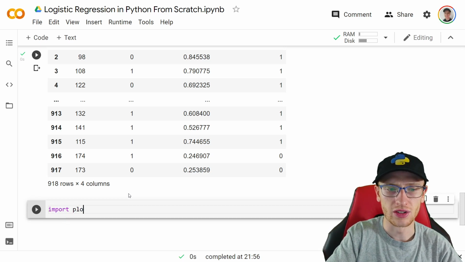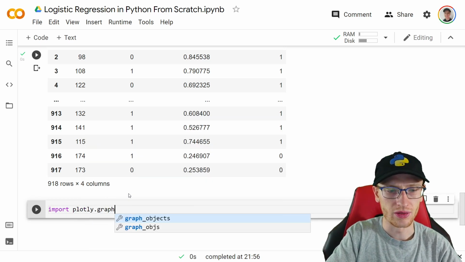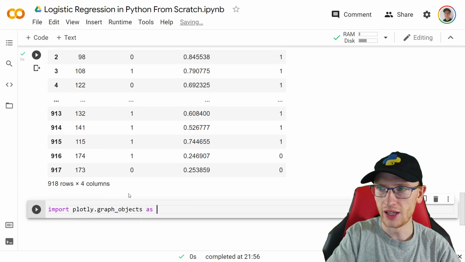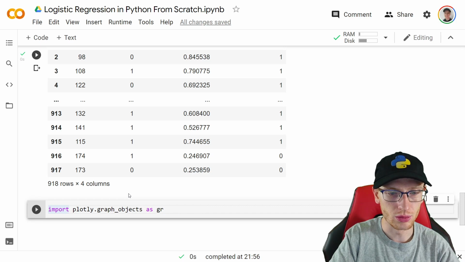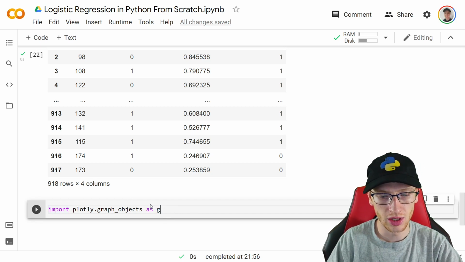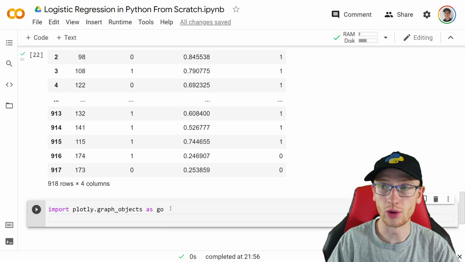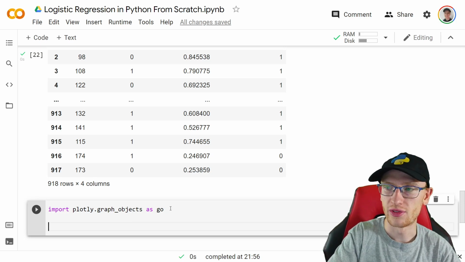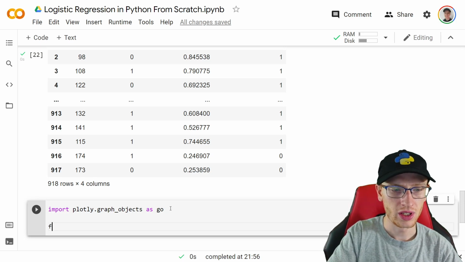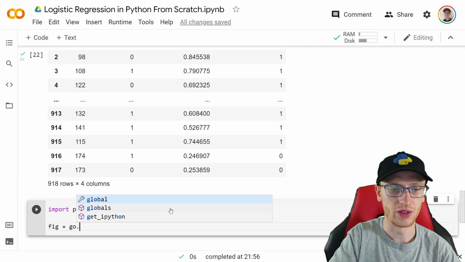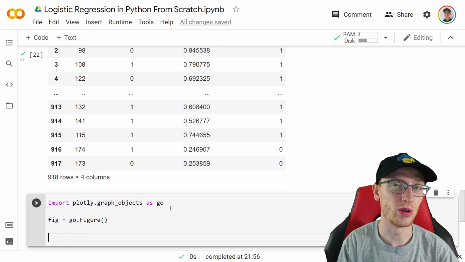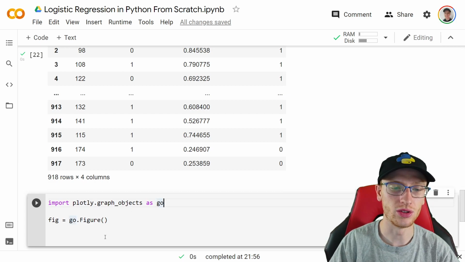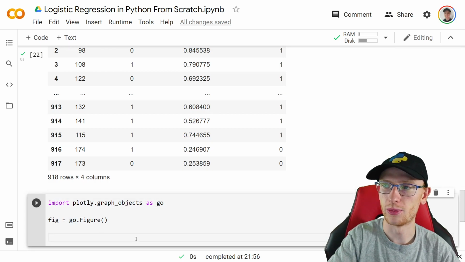So import plotly.graph_objects as go. Colab can really annoy me sometimes because it autocompleted something that's not what I wrote. So just do what I wrote. Thank you. Import plotly.graph_objects as go. fig is equal to go.Figure. Okay, so we're making a more complex graph. That's why we can't use the plotly express library. We have to use the main graph objects library.